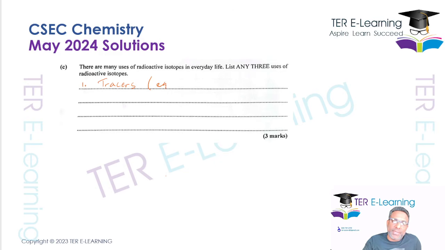We have iodine 131, and we use that as a tracer in the body when it comes to the thyroid gland. So that's one example. 2, we use them in carbon dating. So that's carbon 14.